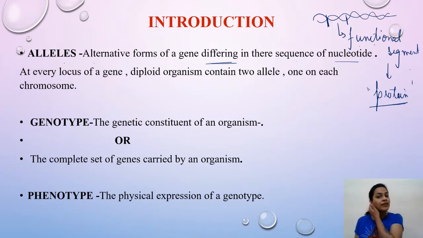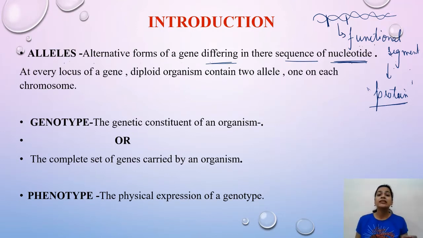So if we go into the biochemistry of a gene, it is a functional segment of the DNA, so it must have some sequence of nucleotides. Getting everyone? Okay. Now, what are alleles?